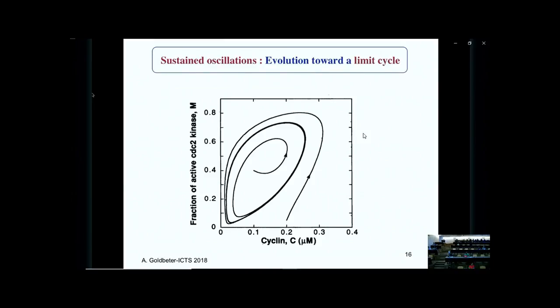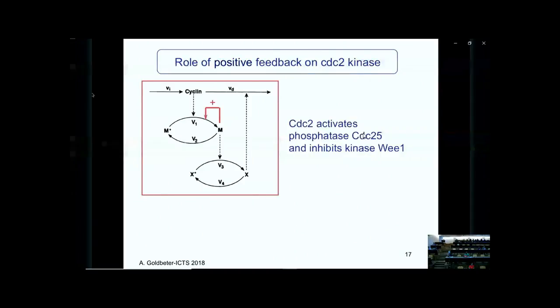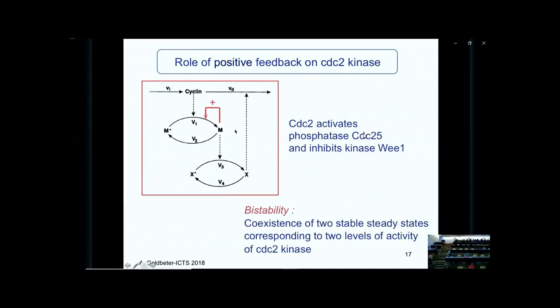Now, negative feedback is not the only type of feedback which occurs in the system. And in fact, and this is a point on which John Tyson and Bela Novak, who have worked for more than 20 years on modeling the cell cycle in embryonic cells in the frog and also in yeast cells and also in mammalian cells, they stress the role of positive feedback, and rightly so, because, for example, it was shown that the kinase CDC2 activates by phosphorylation the phosphatase CDC25, which has a rate V1.